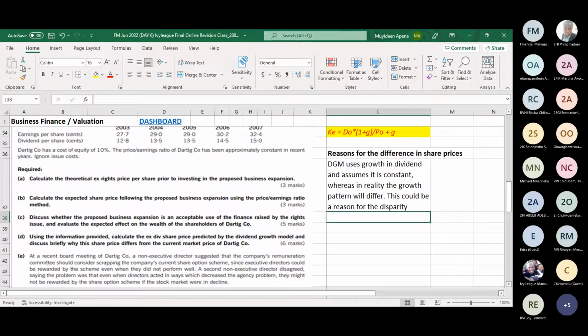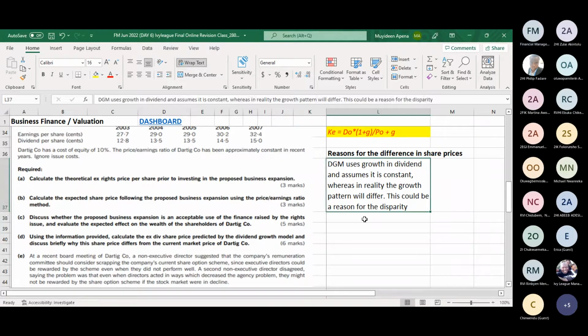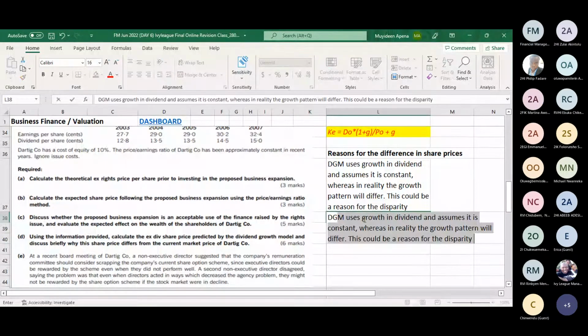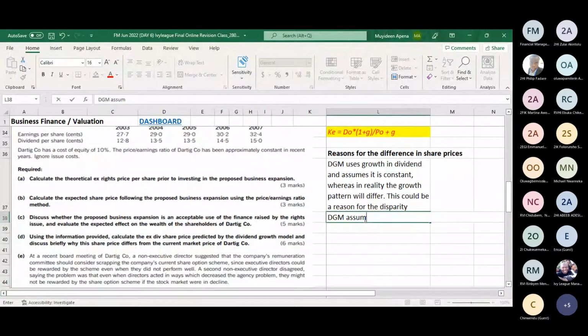Hello, can you all hear me? Yes, sir, we can hear you. So DGM assumes something else. What is that? It assumes a constant cost of equity, isn't it? 10%, isn't it?